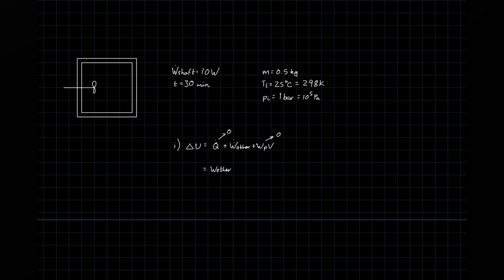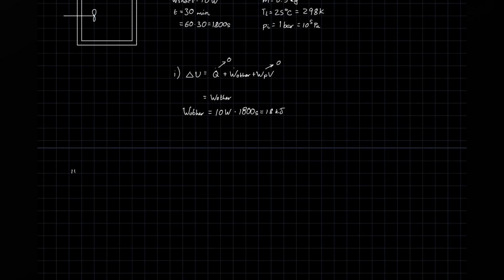Now, work other here, we can figure out what it is because the only other work is being done by this shaft, so we know that it is running at a power of 10 watts for 30 minutes. 30 minutes is the same as 60 times 30, which is 1,800 seconds. So 10 watts for 1,800 seconds is 18 kilojoules.